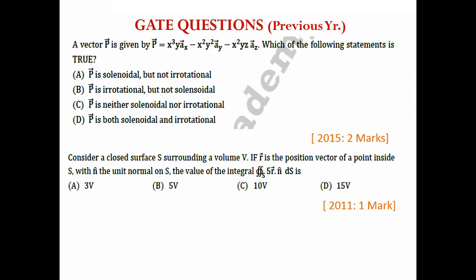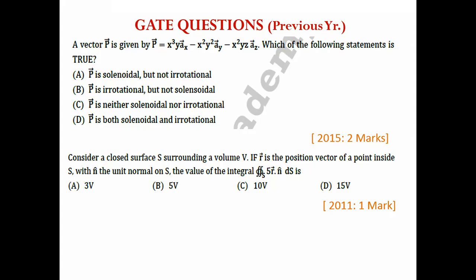Yes, you will find the divergence and curl. And if you get both 0, then it is solenoidal and irrotational. If divergence is 0, then it is solenoidal but not irrotational. If only curl is 0, then it is irrotational but not solenoidal, and suppose both are not 0, then this should be the correct answer. That's why while teaching, I told you that this is very important.